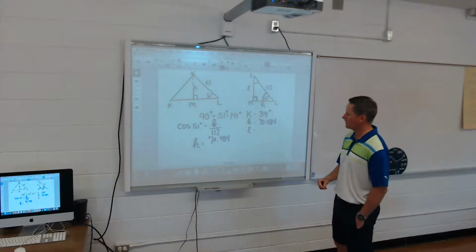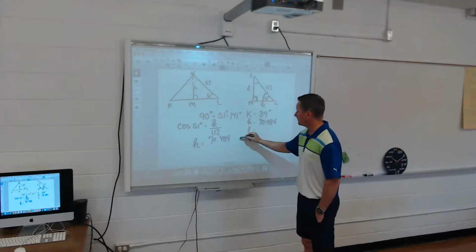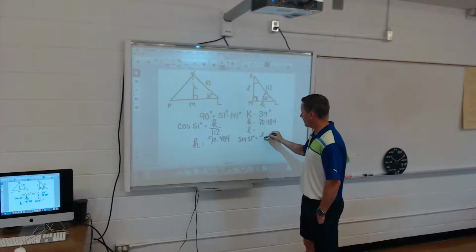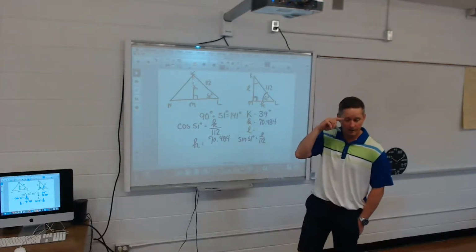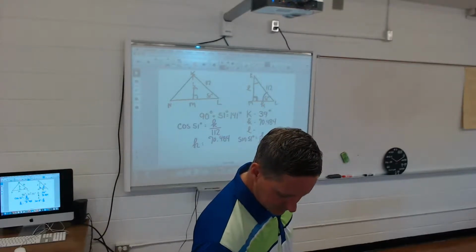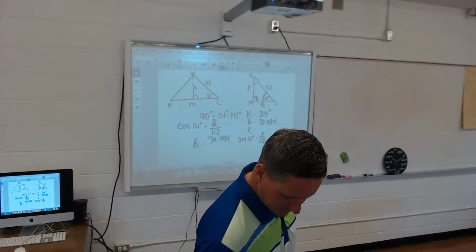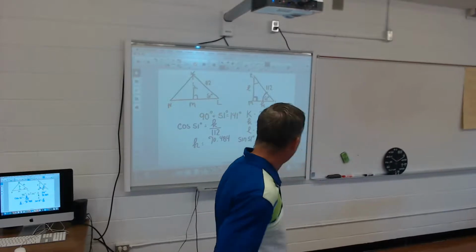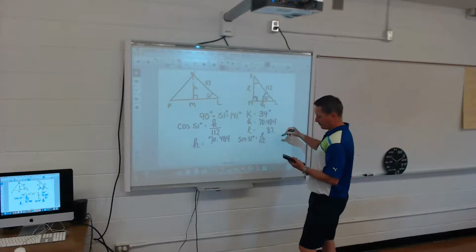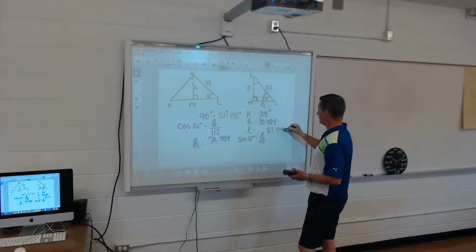Okay, perfect. Good correction. It's the hypotenuse. So now I'm going to go sine 51 degrees equals L over 112. All right? And multiply it, and I get 87.040.